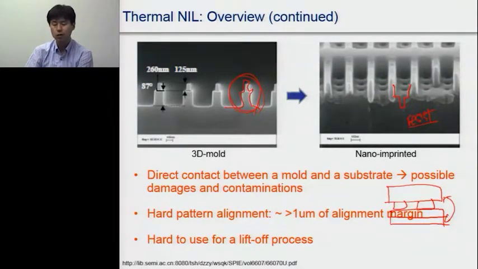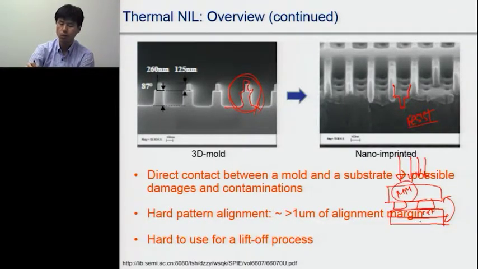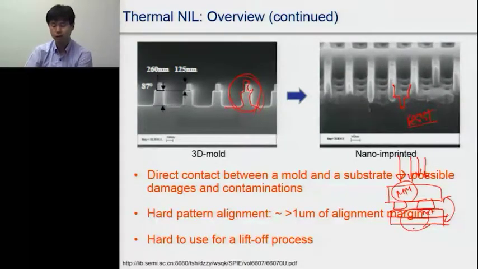But in thermal nano-imprinting, the master mold not only contacts the resist, but we also apply pressure between the master mold and the resist-coated substrate. So the master mold has much higher chances of being damaged or contaminated. That is one of the problems thermal nano-imprinting lithography has.